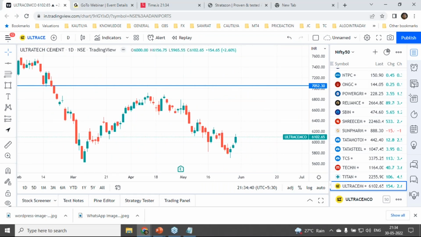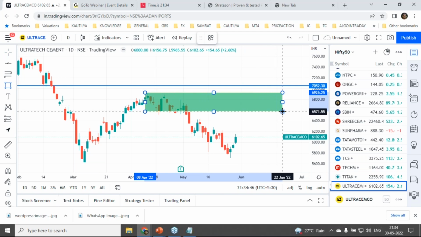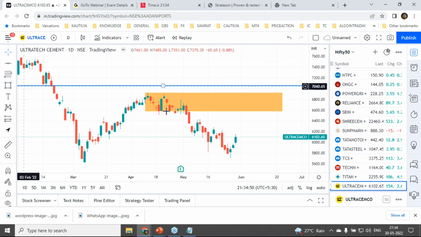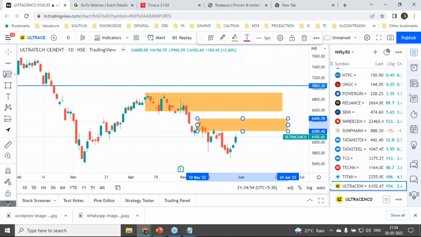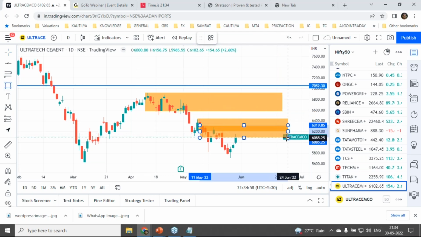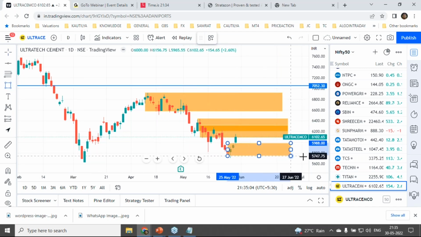Let us try it right away. See this, this is a zone. From the top, base, base, base, base. This is also a base. The whole thing is a base. This is supply, so a different color. Next, I'll go further down: drop, base, base, drop, drop, base, base, base, drop. Drop, drop, drop, base, base, gap up, rally.